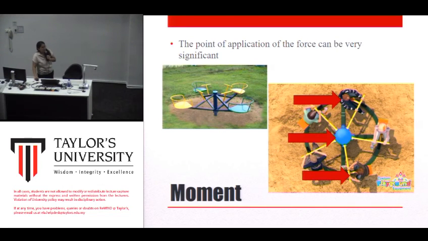Which force can actually rotate the merry-go-round? F1, F2, F3, 3 different forces applied on this merry-go-round. Which one can actually turn it, or make it start to move?